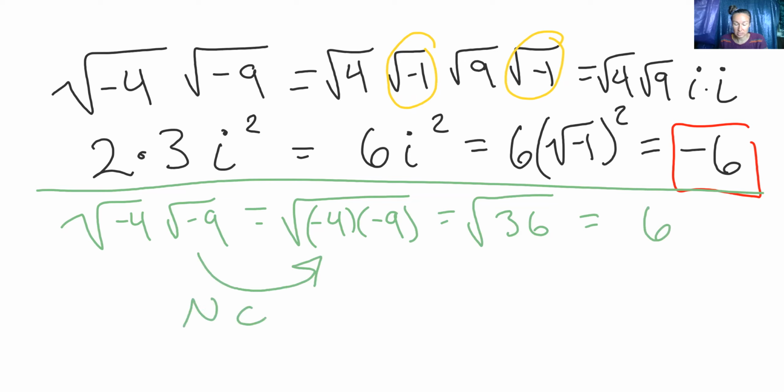No, we can't do this. The product rule does not hold when we have imaginary numbers. These guys are imaginary, right? Anytime you have a negative under a square root, that number is not real. So it doesn't follow the same properties as all our real numbers. So because these are imaginary numbers, the product rule doesn't hold.